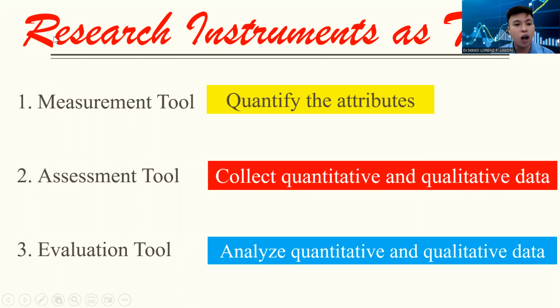Okay, so again, they are not the same tools, but they are interrelated tools. Measurement tool, to quantify the attributes; assessment tool, collect quantitative and qualitative data; evaluation tool, analyze quantitative and qualitative data.